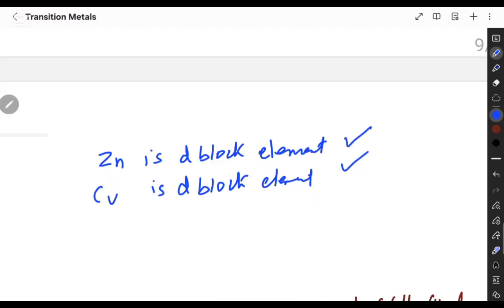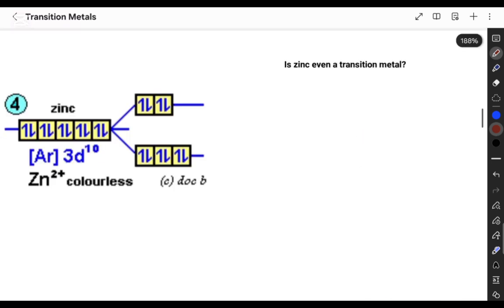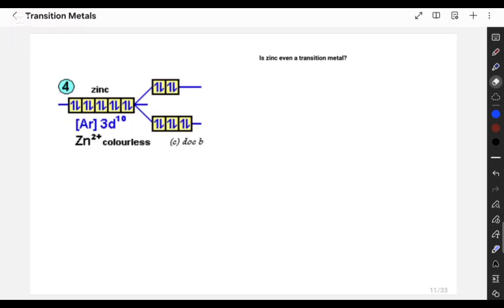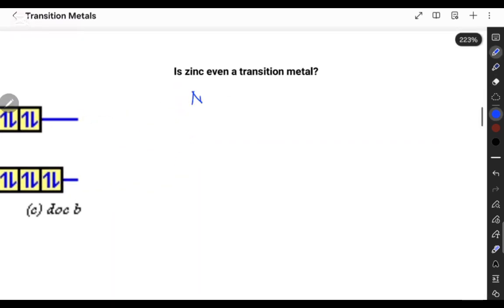So both zinc and copper are d block elements, but zinc is not a transition metal, and on the other hand, copper is a transition metal. Is zinc even a transition metal? Well, of course, it's not, so no.